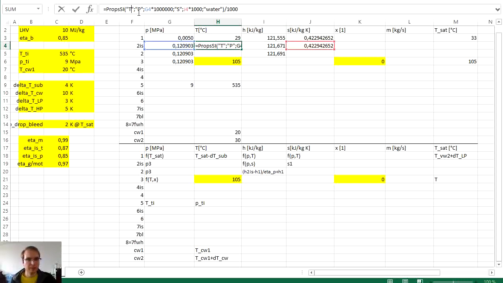We want temperature based on pressure, which we have here, and based on enthalpy, like this, and I will get the temperature in degrees Kelvin, so minus 273.15, and I get the temperature.